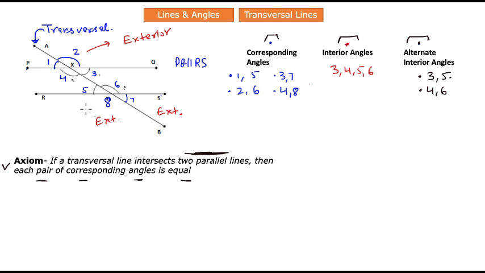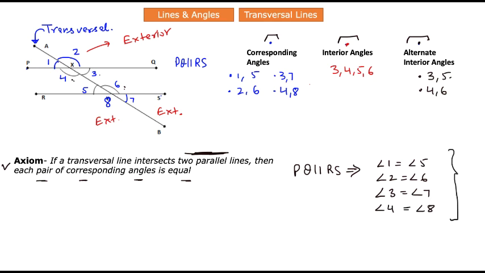In this arrangement, PQ is parallel to RS, and that implies that angle 1 is equal to angle 5, angle 2 is equal to angle 6, 3 is equal to 7, and angle 4 is equal to angle 8.